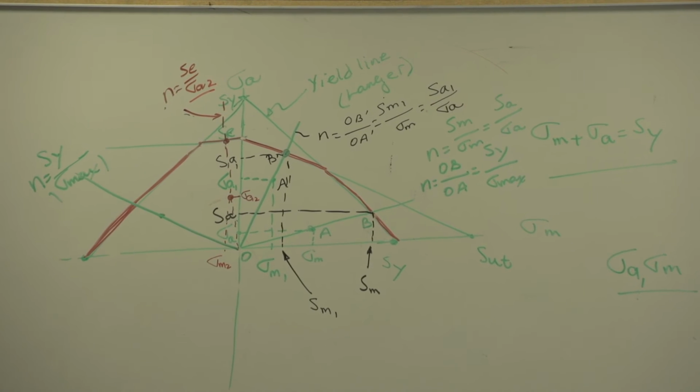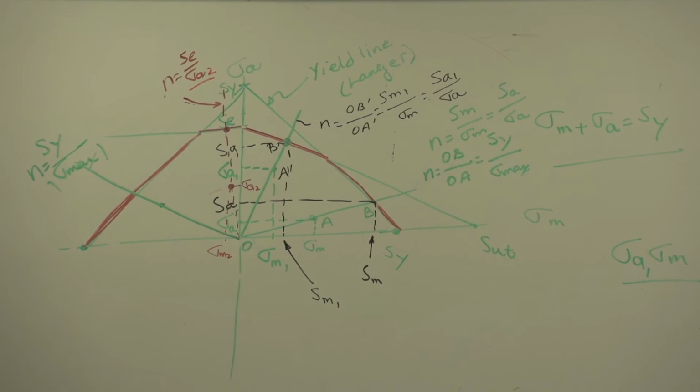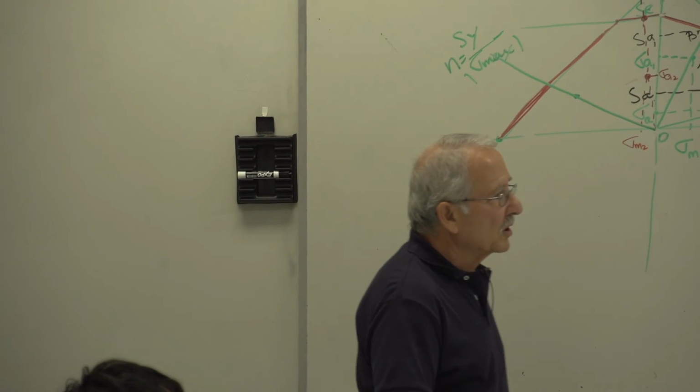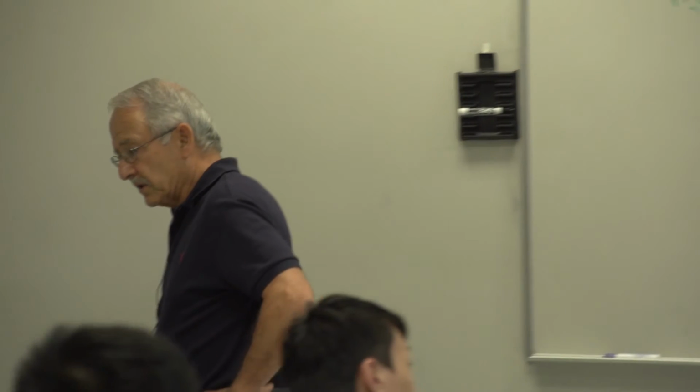But if your failure criterion is of a nonlinear kind, then you can go ahead and use the equations in the book to find the factor of safety. But still, you must understand what they mean. So these are tabulated in 3 tables like this.